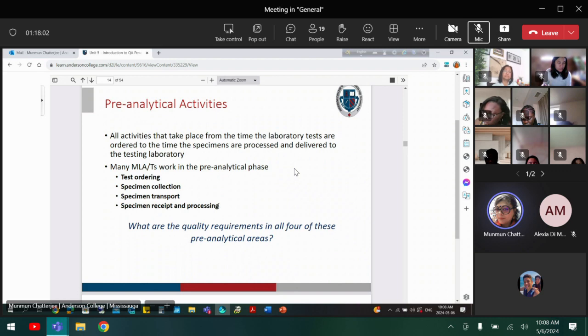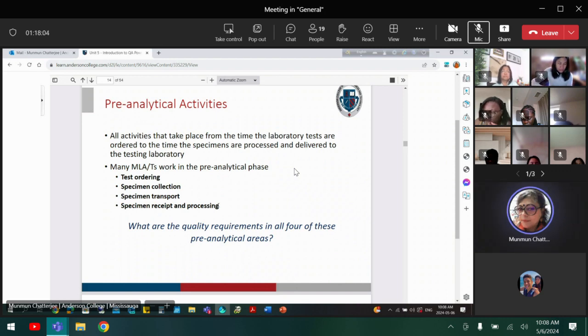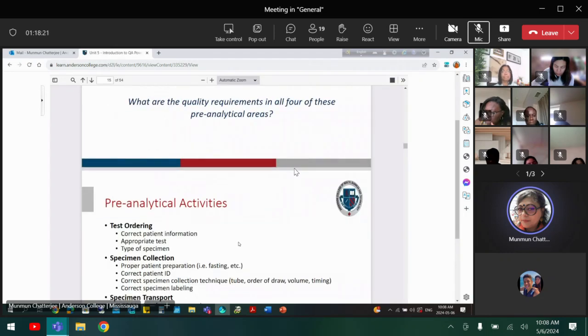There is a difference between receiving and accessioning. The quality requirements in all four of these are the pre-analytical areas, and the major problem is in the pre-analytical activities. So at every step you have to be very careful.